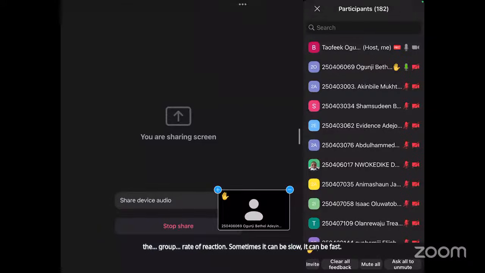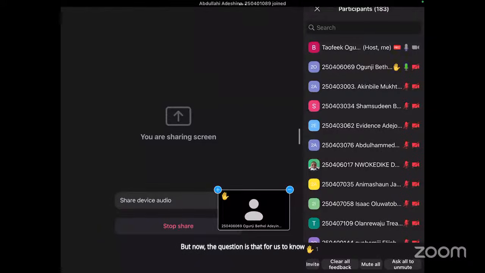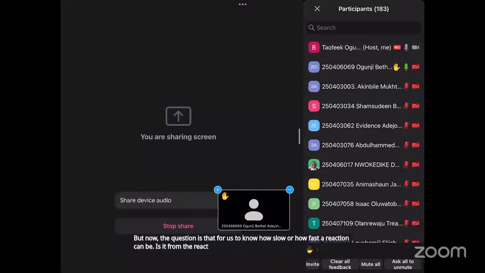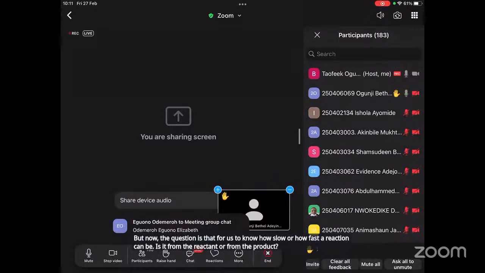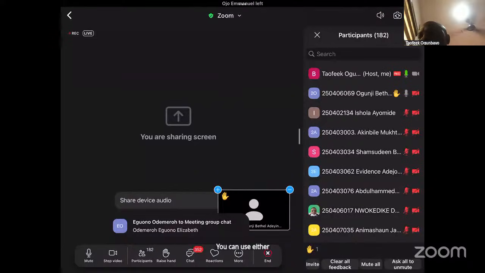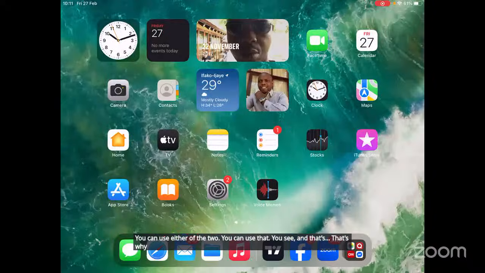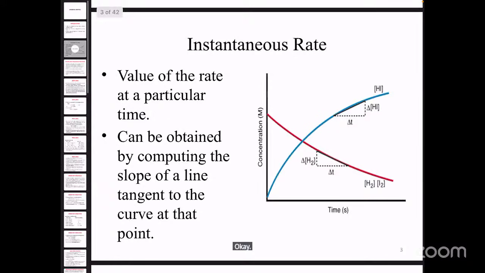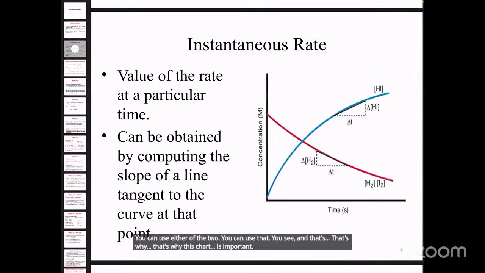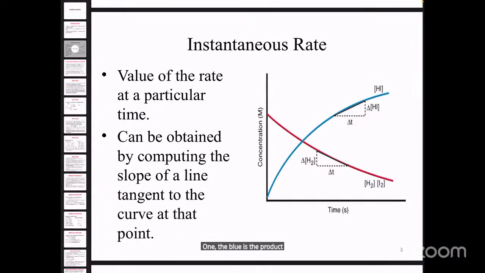But now the question is, for us to know how slow or how fast a reaction is, is it from the reactant or from the product? You can use either of the two. And that's why this chart is important. The blue is the product, the red is the reactant, and you can use either of the two.